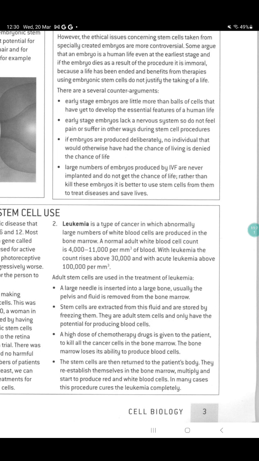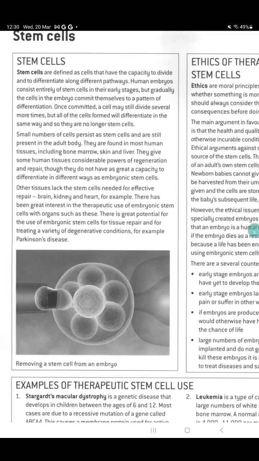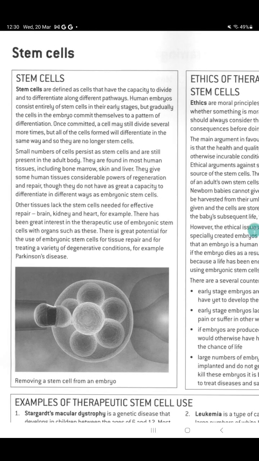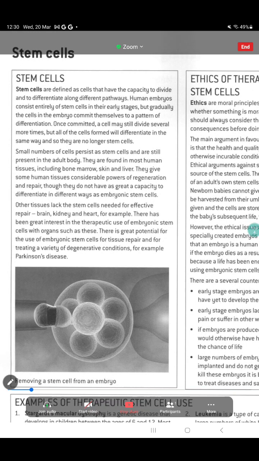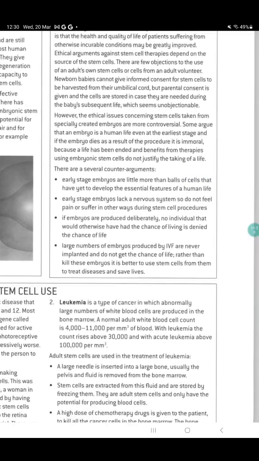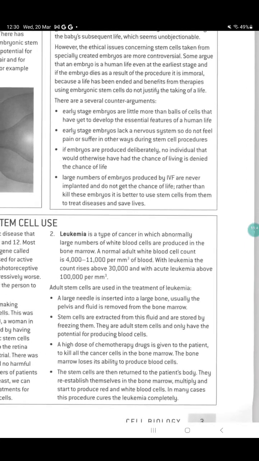Now adult stem cells are used in the treatment of leukemia. How are these used? As we have studied with bone marrow, here also the bone marrow still has stem cells in the adult stage. Adults do have stem cells in their bone marrow.